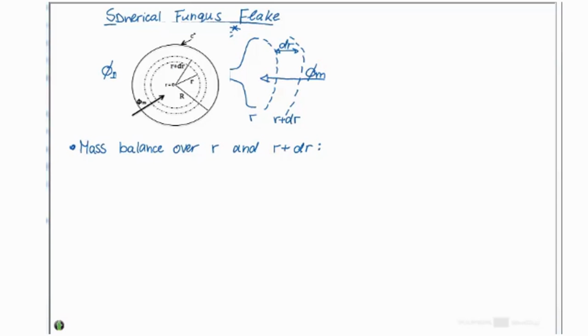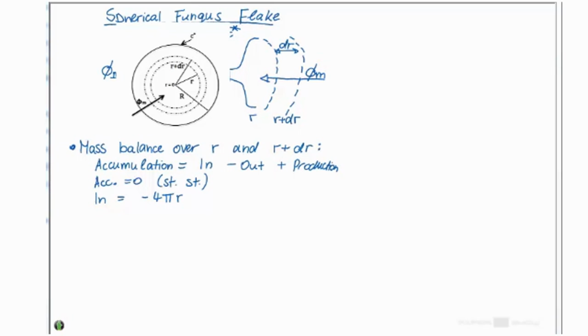As we know, a balance always has the form of accumulation equals input minus output plus a production term. Now we assume the steady state, which means that the accumulation will be 0.